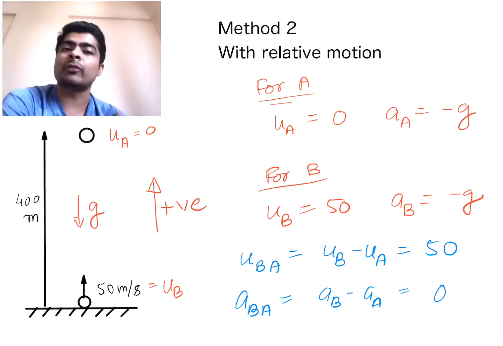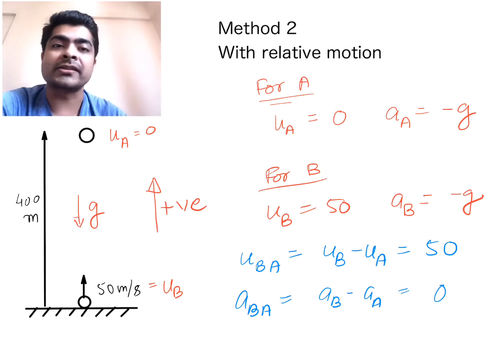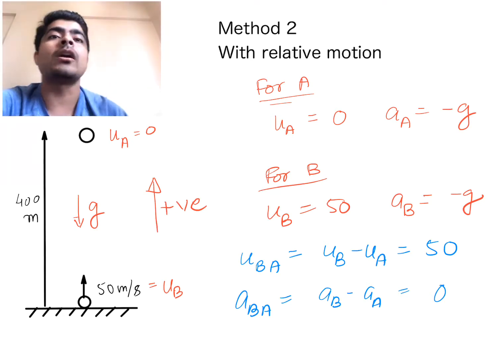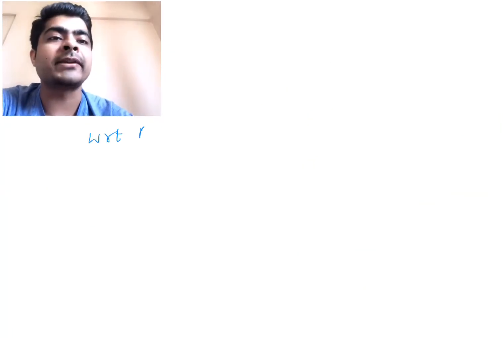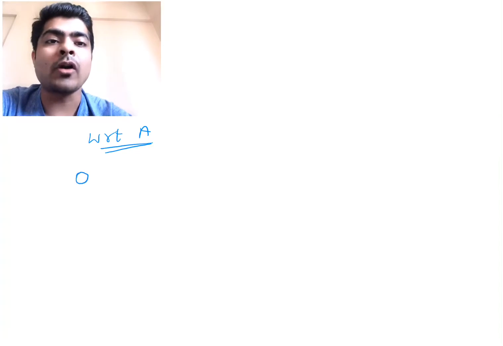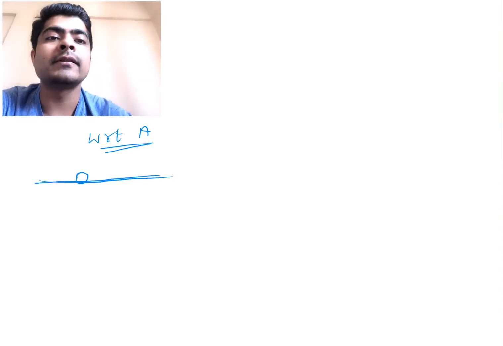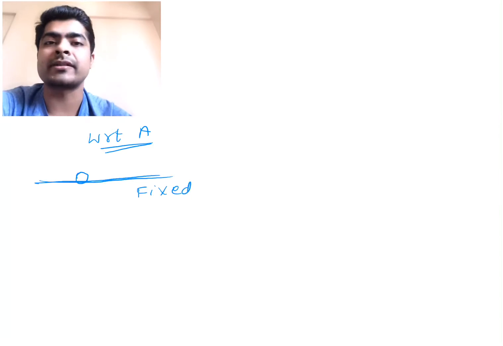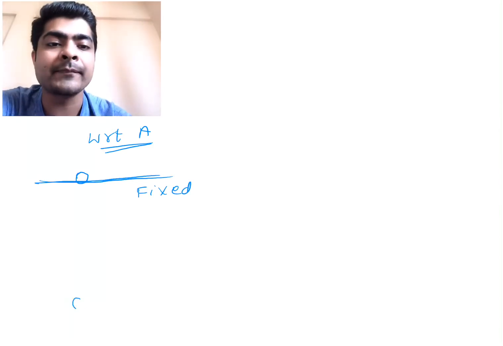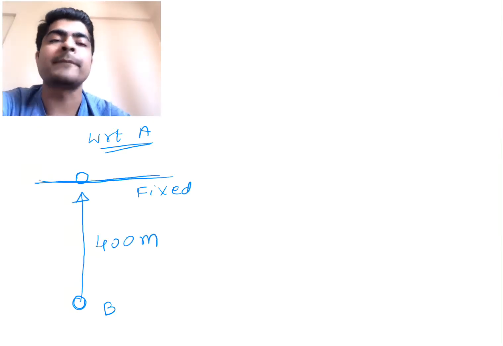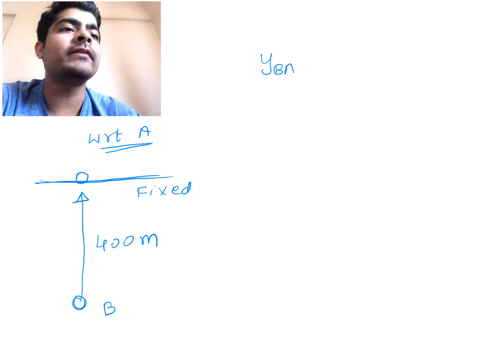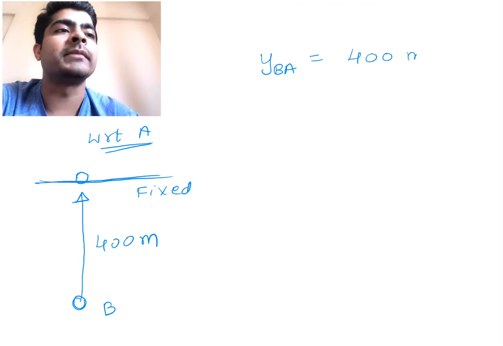That means this is a question of uniform velocity, uniform motion. With respect to A, the ball A will be fixed at the height of 400 meters, and the ball B has to go up by 400 meters. So the displacement of B with respect to A will be 400 meters.